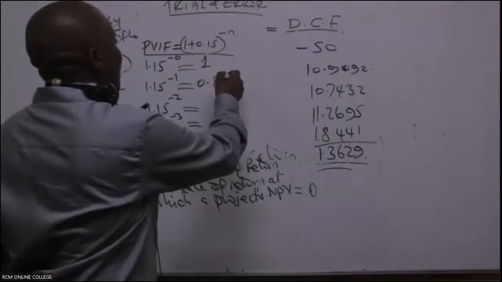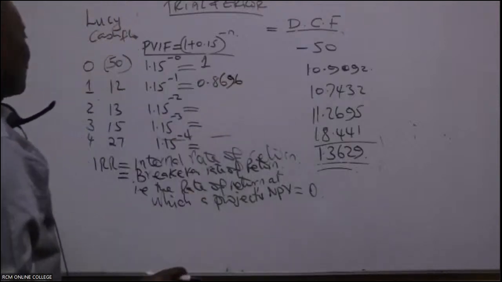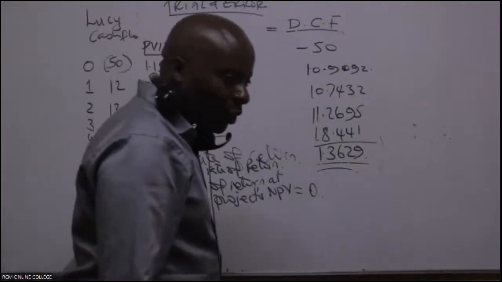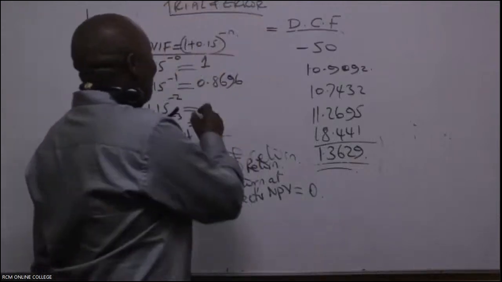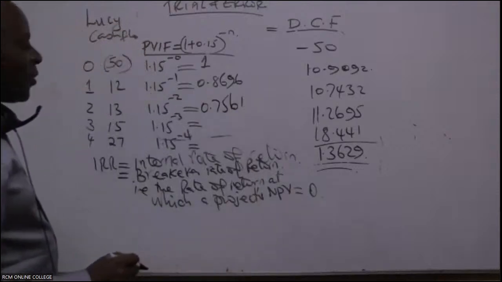Are you able to give me the number for year number 2? Great, I've used Excel. Thank you very much. 0.7561. So please go to year number 3.